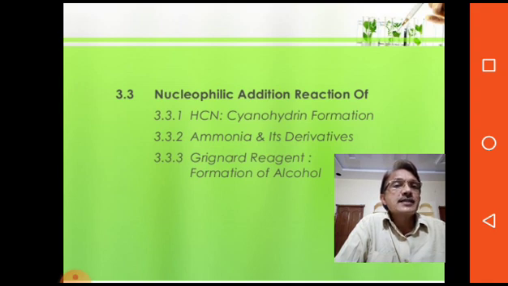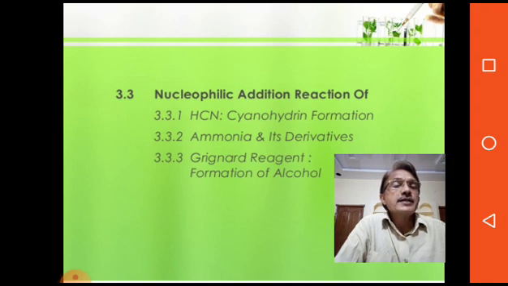First one is HCN, addition of hydrogen cyanide. During the addition of hydrogen cyanide, cyanohydrin will be formed. So cyanohydrin will be the addition product when an aldehyde or ketone reacts with HCN.